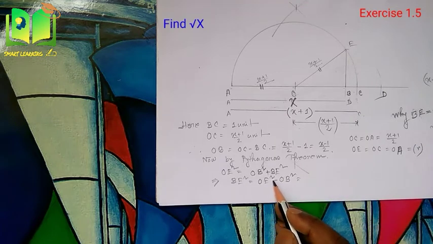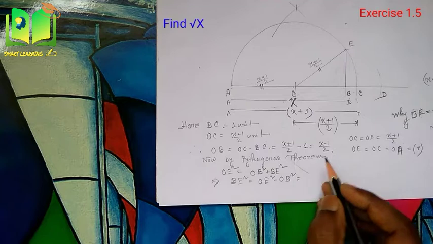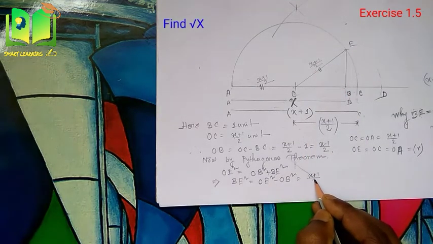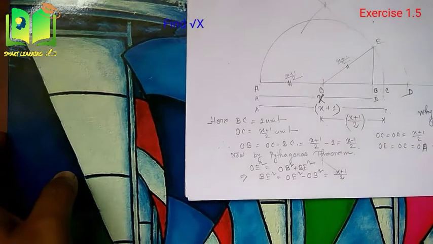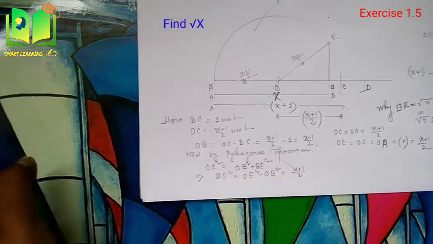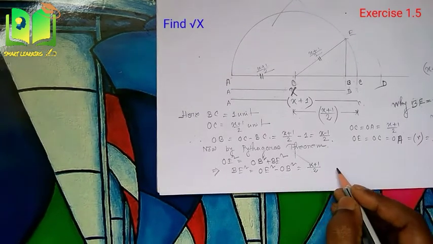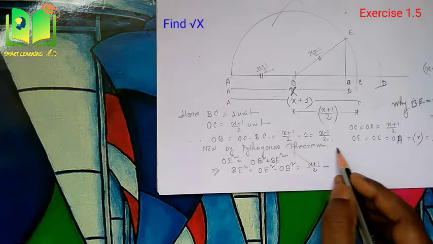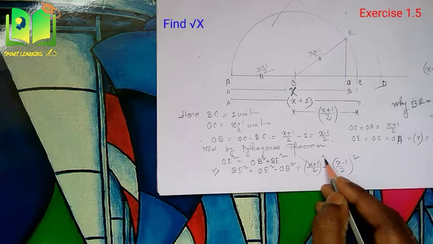So what is the value of OE? OE equals x plus 1 by 2. So x plus 1 by 2 whole square minus the value of OB, x minus 1 by 2, whole square.